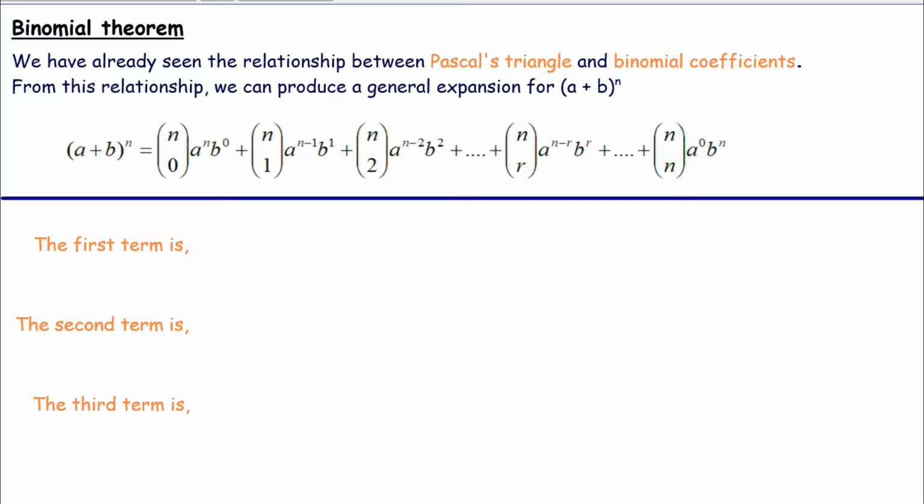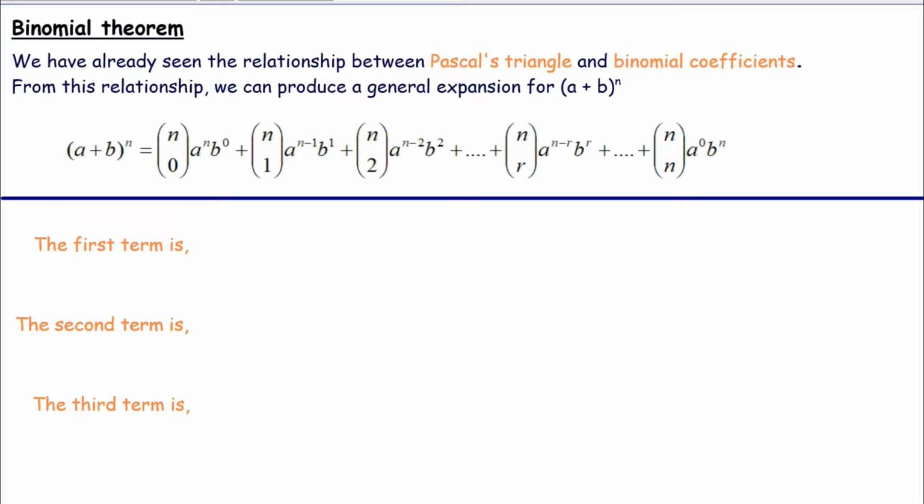What you can notice here is that the powers of a are descending and the powers of b are ascending from 0 to n. The powers of a are descending from a^n to a^0.